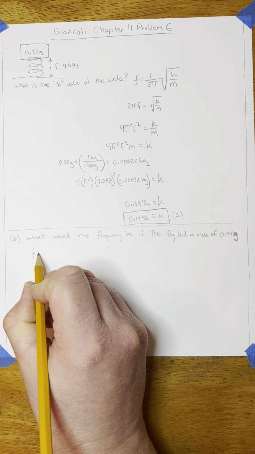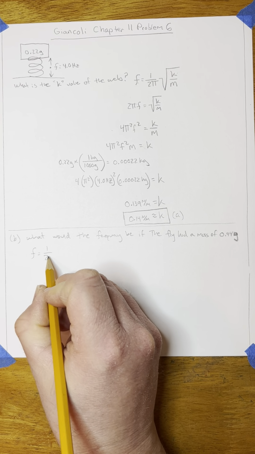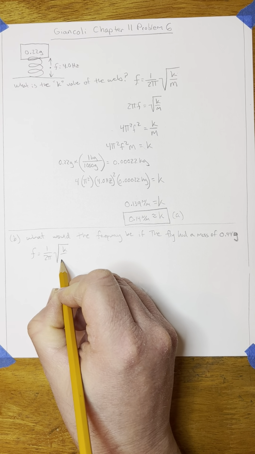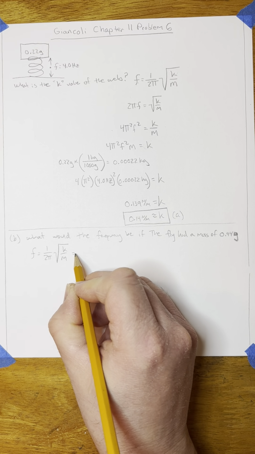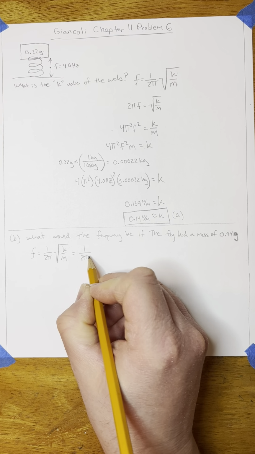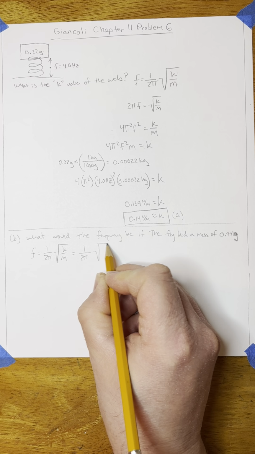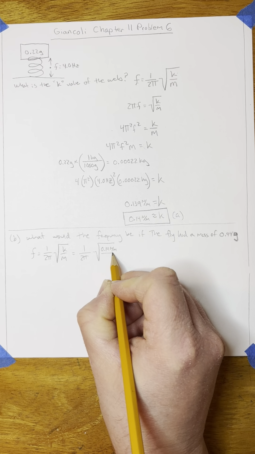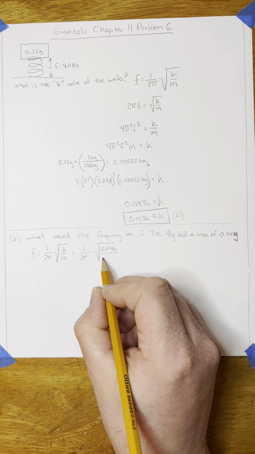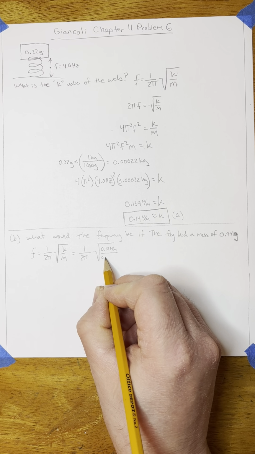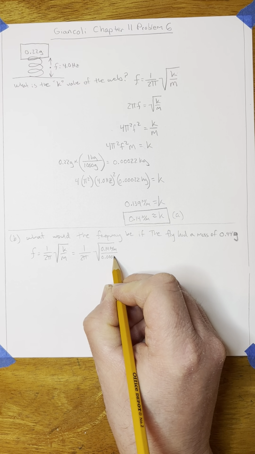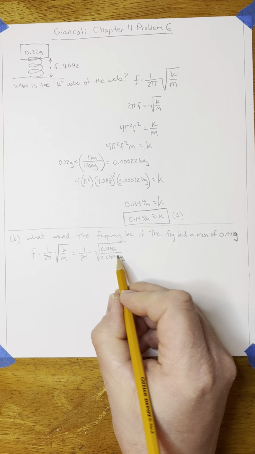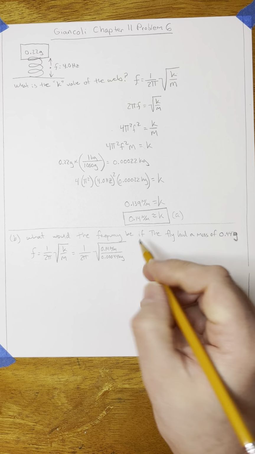So frequency is equal to 1 over 2 pi times the square root of K over m, which in this case would be equal to 1 over 2 pi times the square root of 0.14 Newtons per meter divided by our new mass, which will be 0.00044 kilograms, just doubling the mass from the first problem.